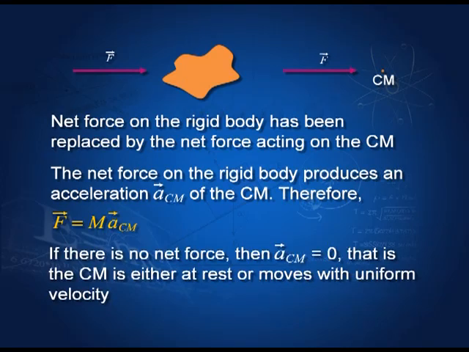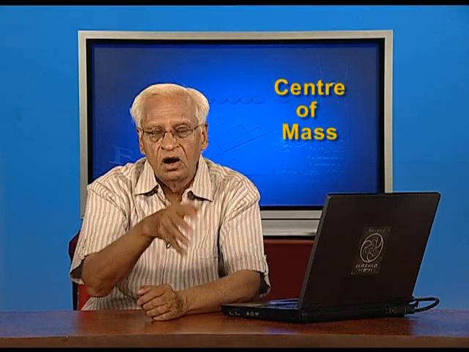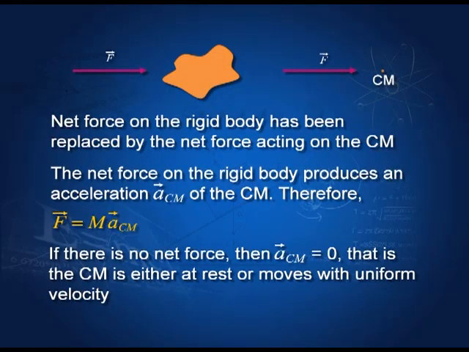And if there is no force, then F is equal to 0 and a_cm is either 0 or constant. That is, the center of mass is either at rest or moves with uniform velocity. So, if we have a rigid body and there are no forces acting on it, its center of mass stays constant, or with respect to some frame it moves at constant velocity.